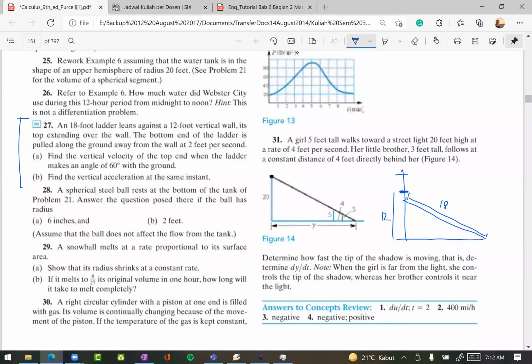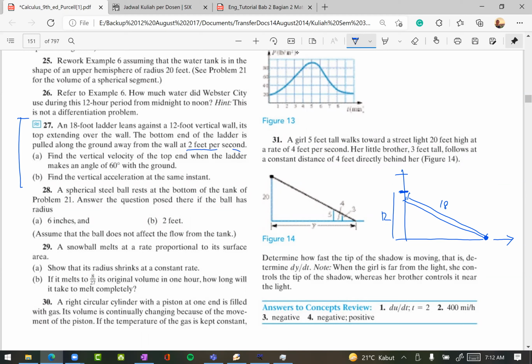That's fixed. Now the bottom end of the ladder is pulled along the ground away from the wall, in that direction, with some speed, 2 feet per second.